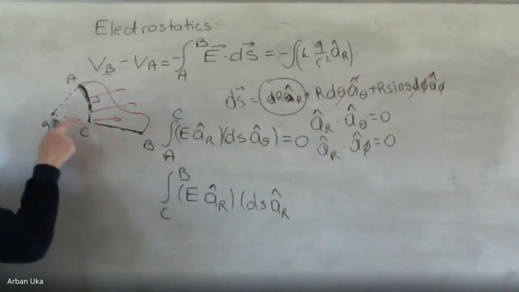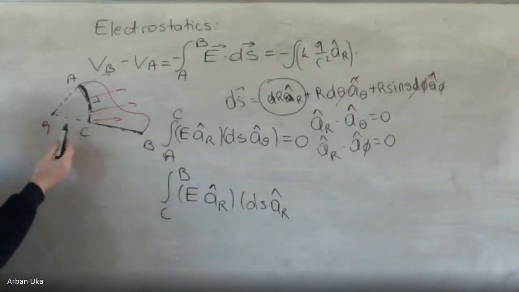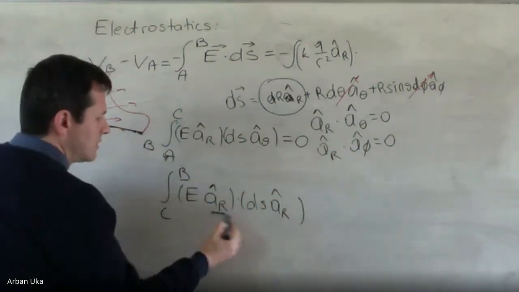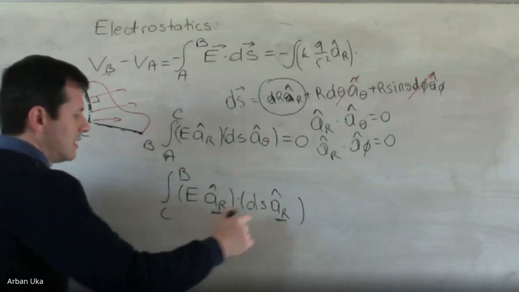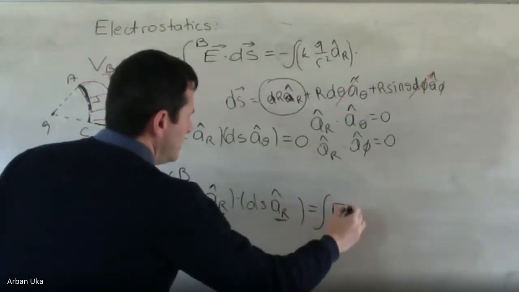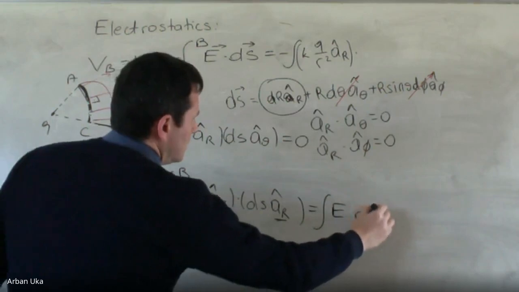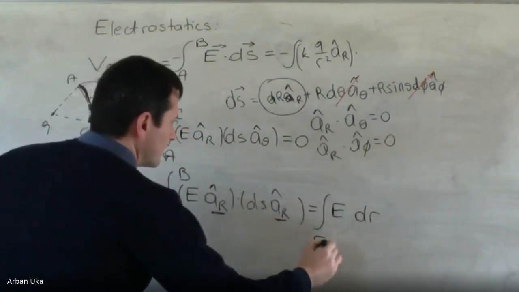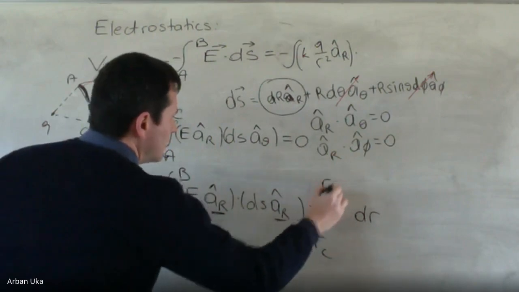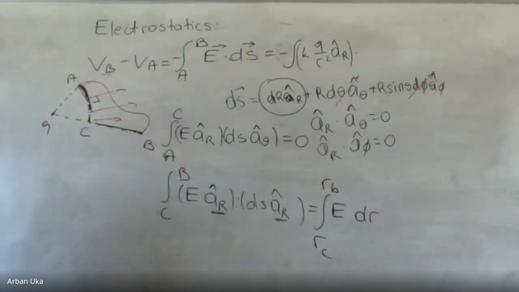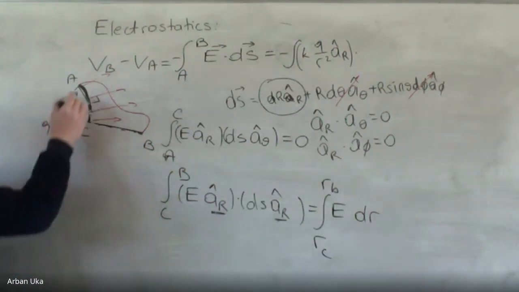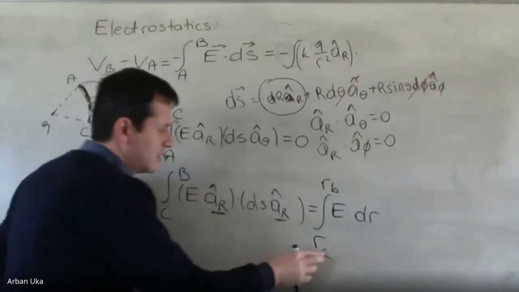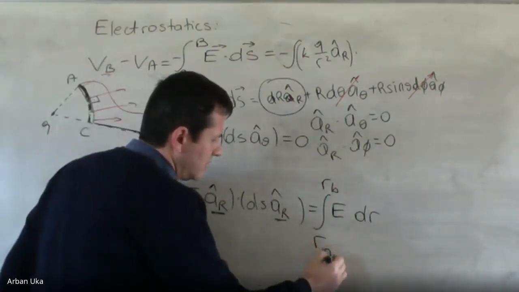We know that if we go from C to B, this is the radial distance, and it has the same unit and same direction, so they cancel out, and we are left with the integral of E dr, where r goes from r_C to r_B, whatever the radii or distances are. We also know that since this was like a circle, the radius r_C is equal to r_A, so we can have r_A here.